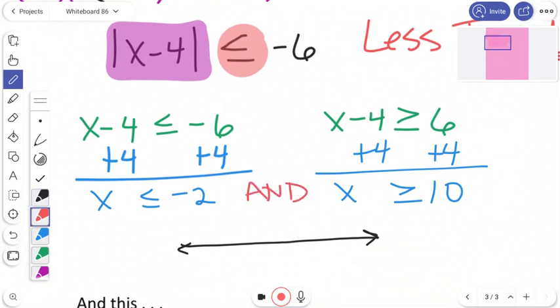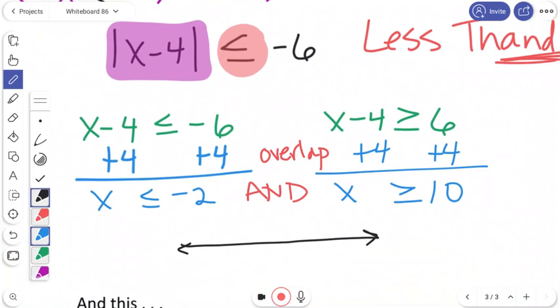So when we draw our number line, keep in mind this is an and problem. That means we need to have overlap. And means overlap. We have a negative 2 and a positive 10, and 0 is somewhere in the middle. My x is less than or equal to negative 2, so closed circle, less than goes this direction.